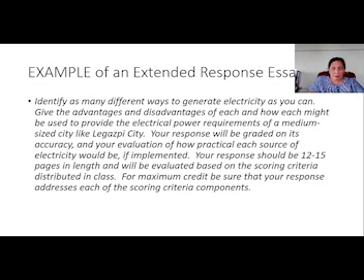Here is another aspect that the students are graded on. For maximum credit, be sure that your response addresses each of the scoring criteria components. In the case of projects, I'm digressing a little, before you ask the students to make projects, you have to be very clear about what you would ask them to show or demonstrate in the finished product.